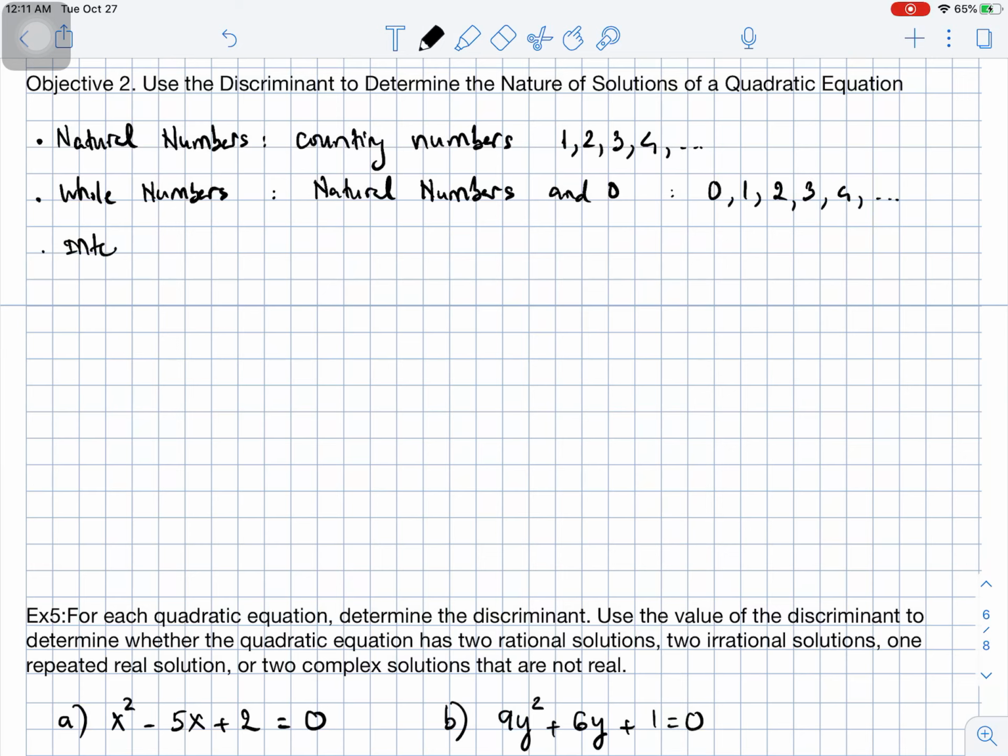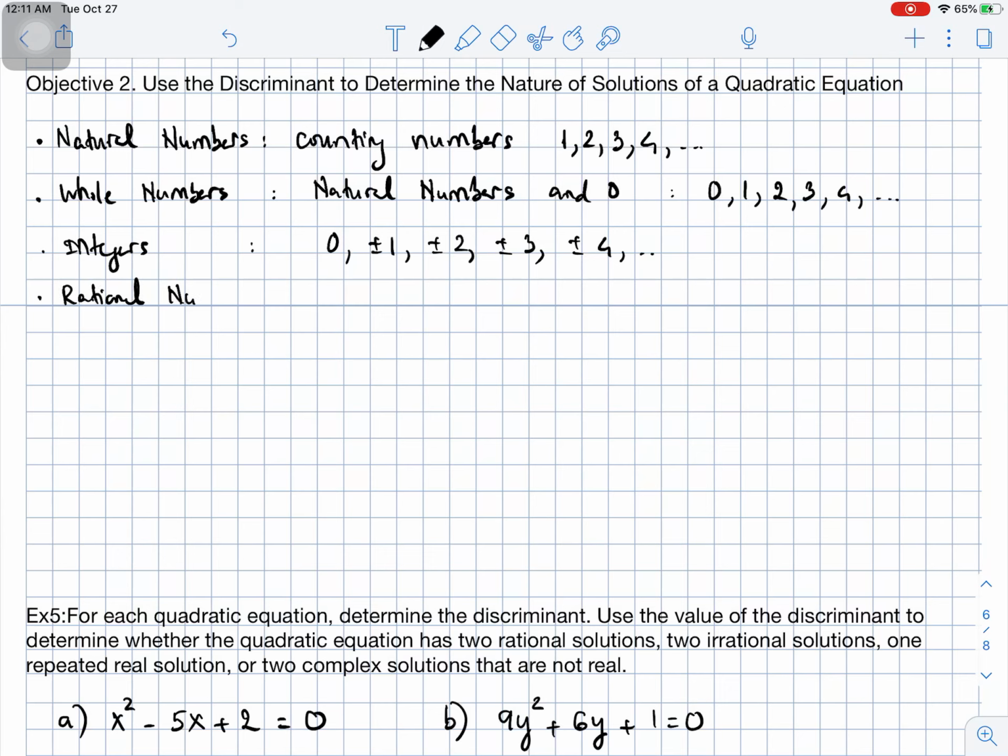Then the whole numbers. Whole numbers are the natural numbers and the 0. It means a whole number is 0 or 1 or 2 or 3 or 4 and so on.